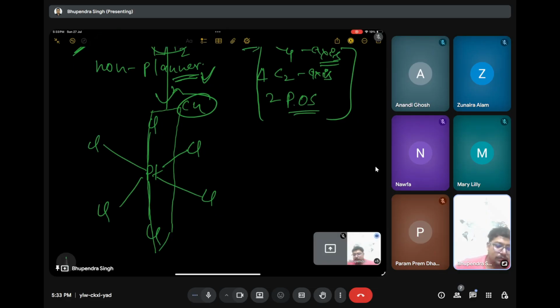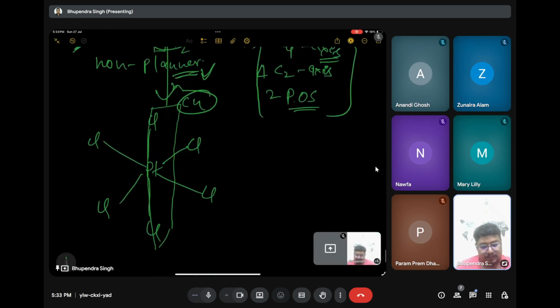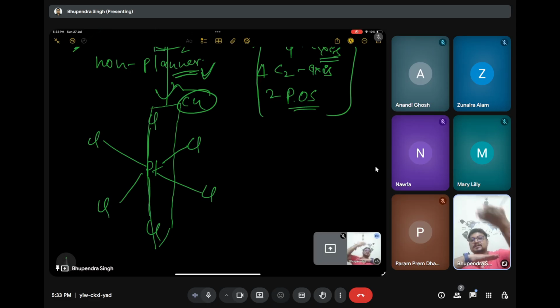Are you able to see any other plane? Yes, there are other planes also present. See, this time I bisected like this, from here. So it will contain again Pt, this Cl, and these two Cl will come this side and these two Cl will go that side.